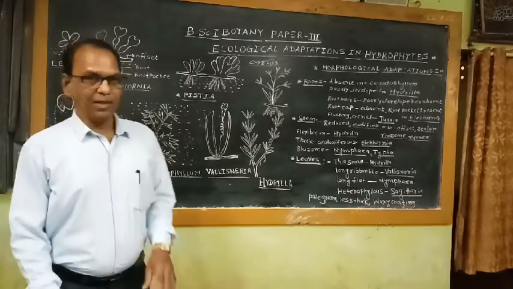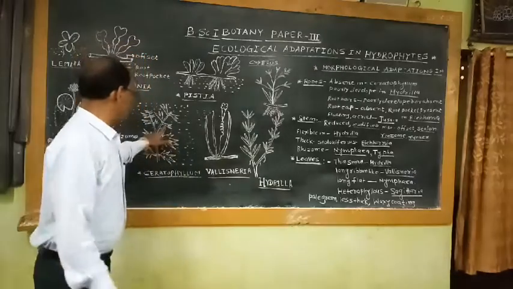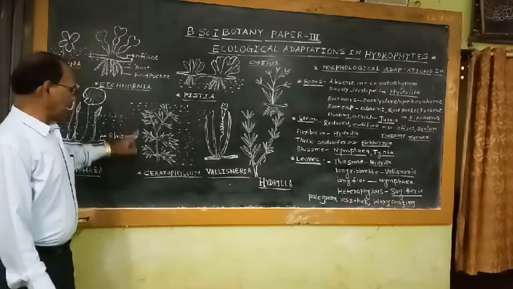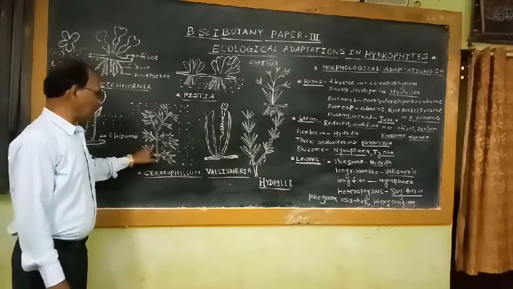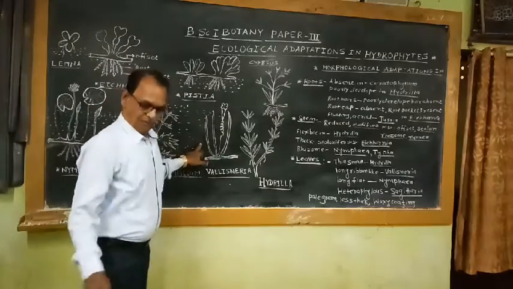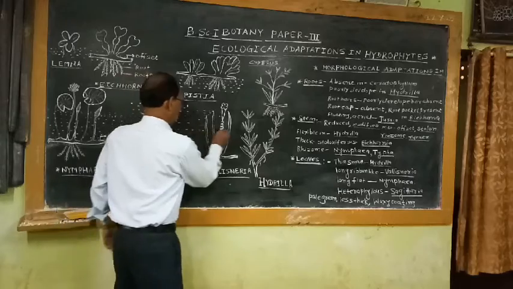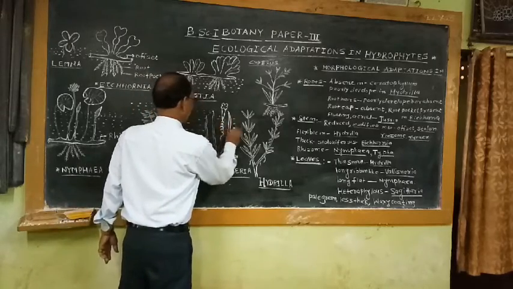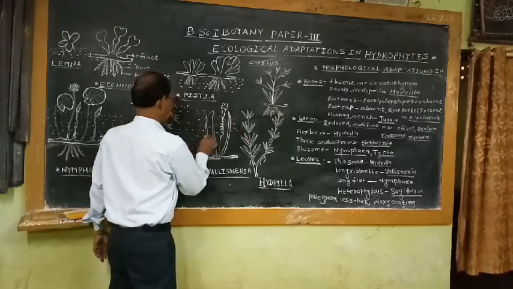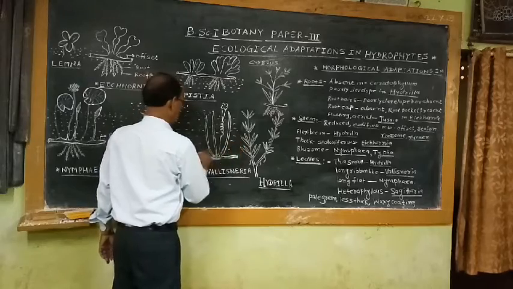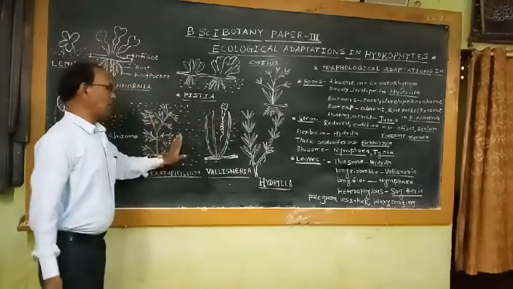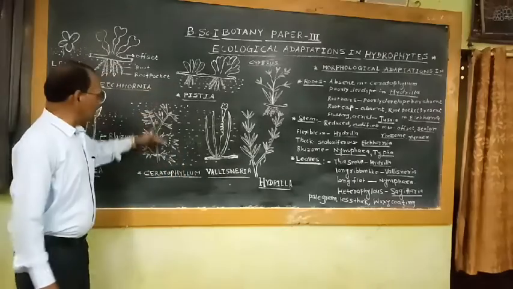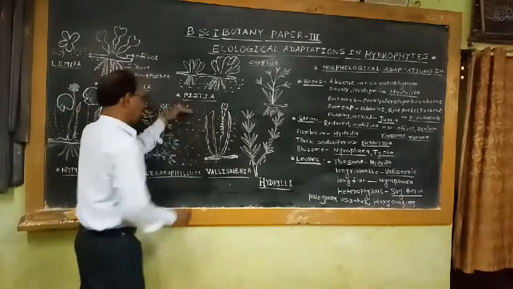Next group of hydrophyte is commonly known as submerged hydrophytes. This is an example of a submerged hydrophyte. For example, Ceratophyllum, Vallisneria. The dotted line in this diagram indicates the water. The plant body of these plants is totally immersed below the surface of water.